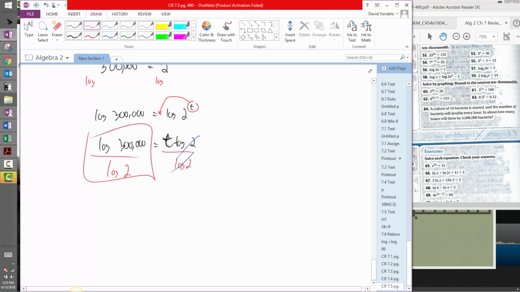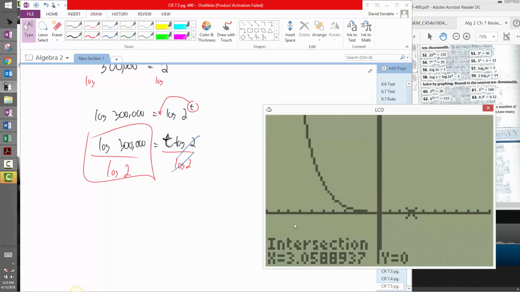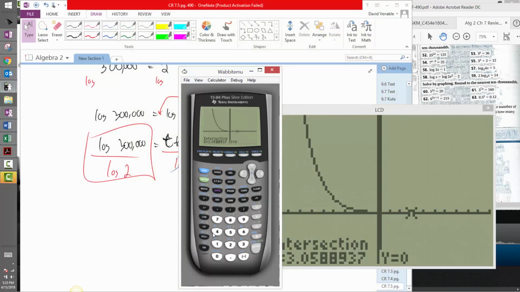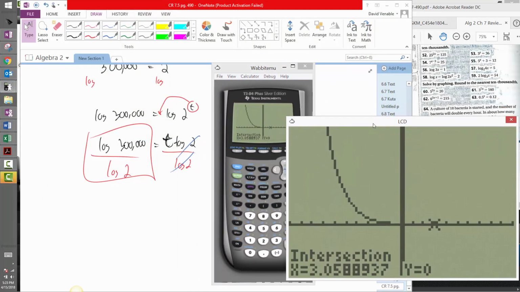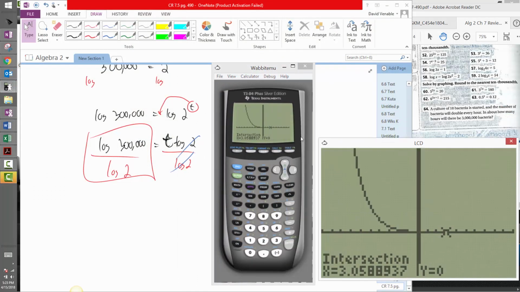And if you notice, this is where the change of base formula comes from, by the way. I could have just logged base 2 of 300,000. So let me show you. I'm just going to do it with what I did here, the way we've been doing it as the final answer in our calculator.